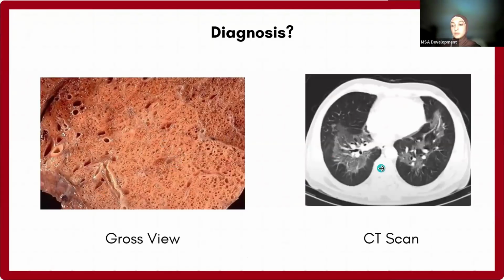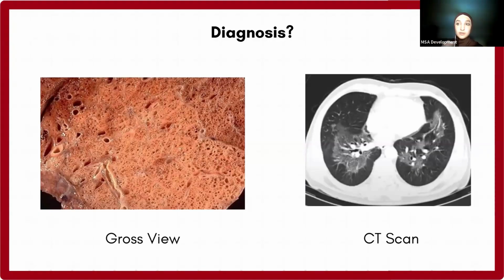So then you have these two findings. What you see over here is chronic interstitial lung diseases, and these are restrictive lung diseases. Under gross view, what you see is a honeycomb appearance. Now, honeycomb appearance is a tricky word because it comes up in a lot of findings and a lot of diseases. Just be focused.